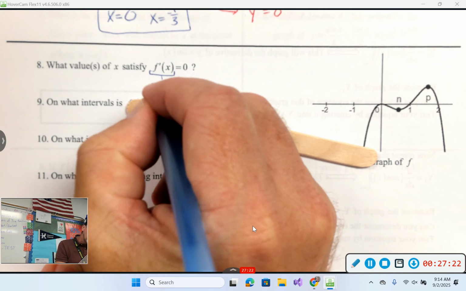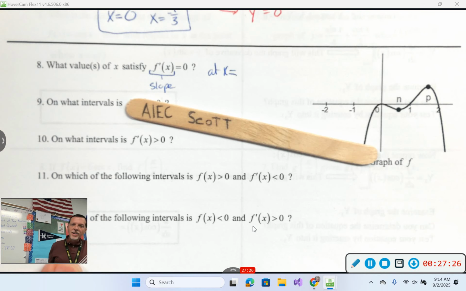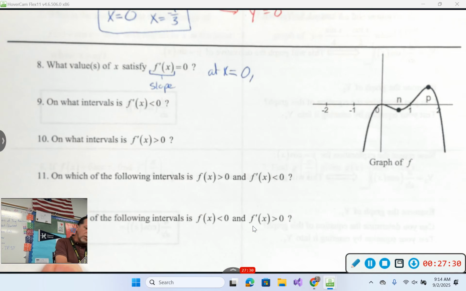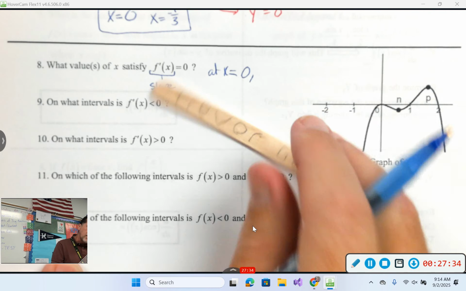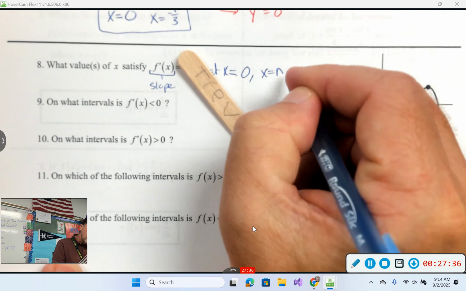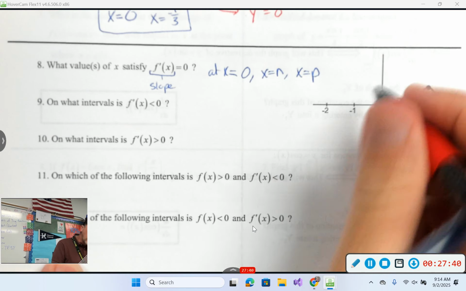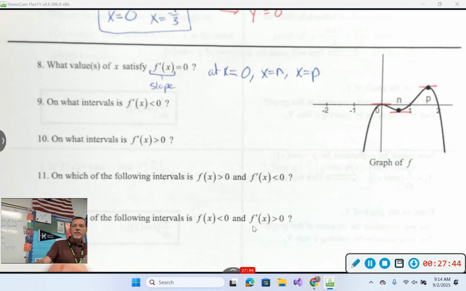Slope. Yep, so at x equals 0. Trevor, give me another spot where we think the slope is 0. Well, both. X equals n and x equals p. It looks like there's 3 spots that have a slope of 0.